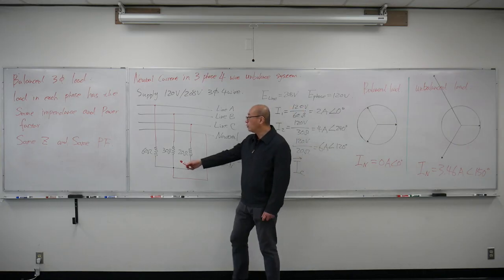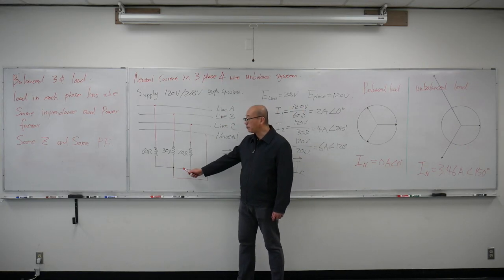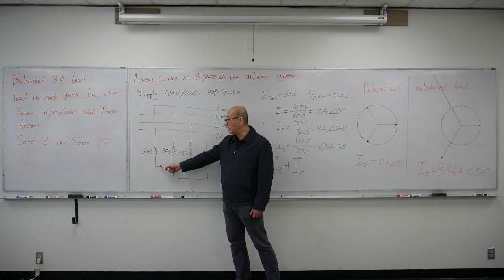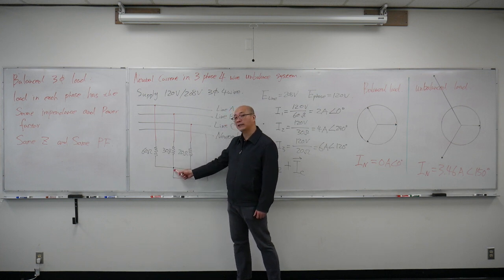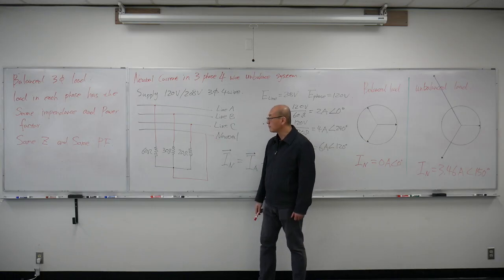I have three loads connected in Y configuration. This is probably your first time seeing me draw the Y configuration, but you can see all three loads have a common point connected together. They connect onto the neutral conductor.